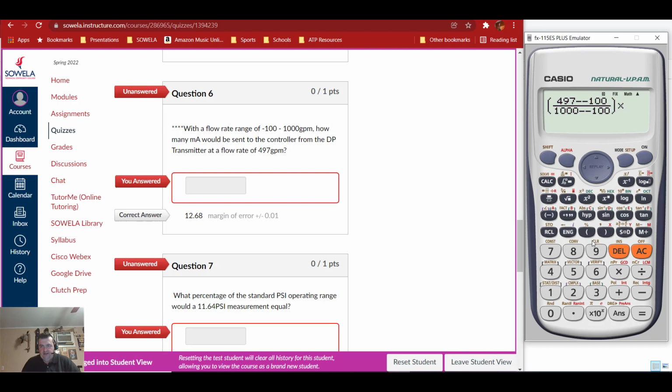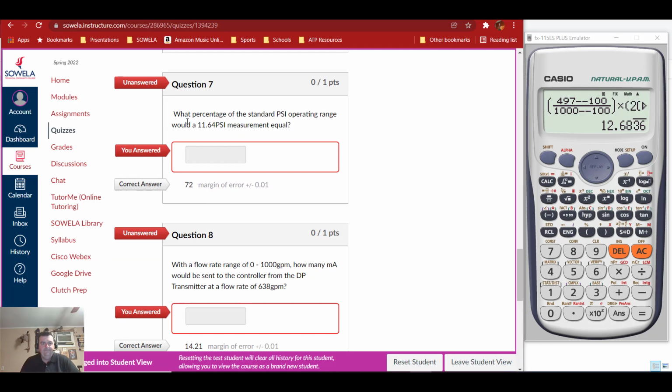Scroll over, close, times open, looking for milliamps. 20 minus 4 plus 4, and that gives us 12.68 milliamps.